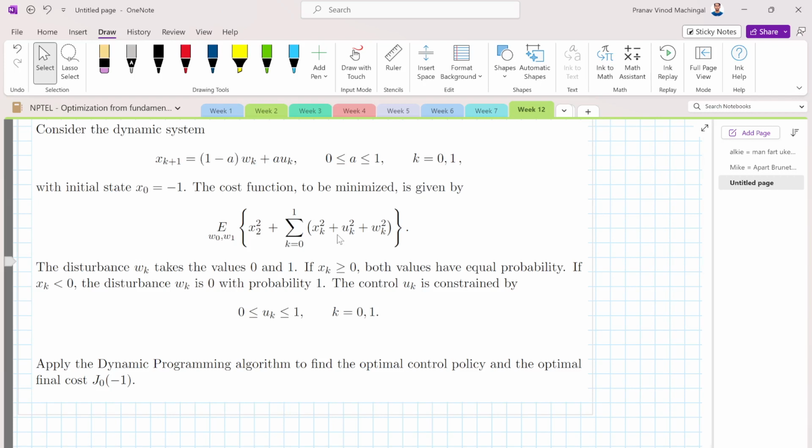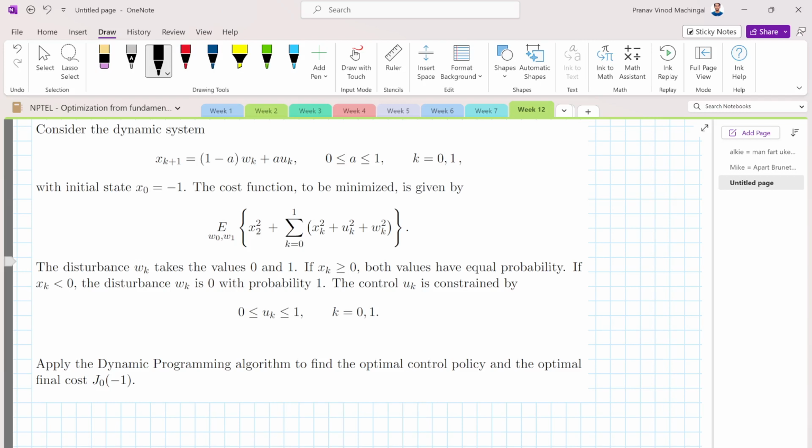And I think we also need the expectation over wk's. So wk is between 0 and 1, so the expected value will be greater than or equal to 0, and if xk is greater than 0, then the expected value is 0.5.